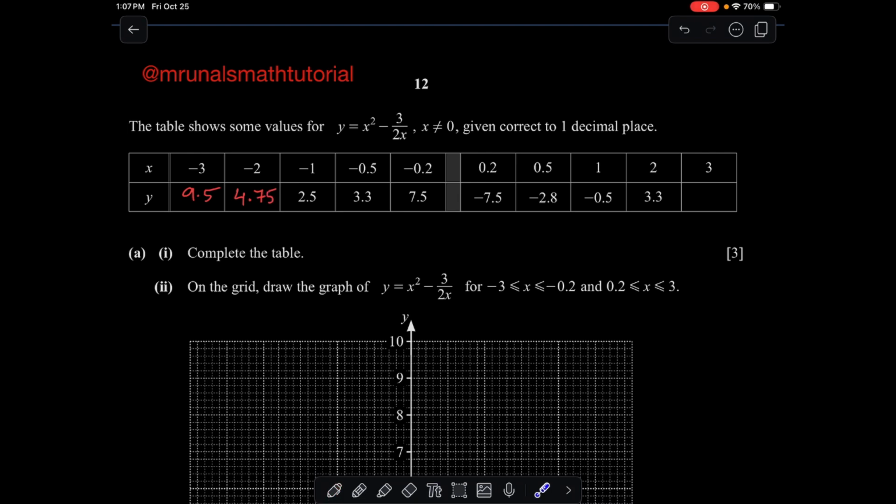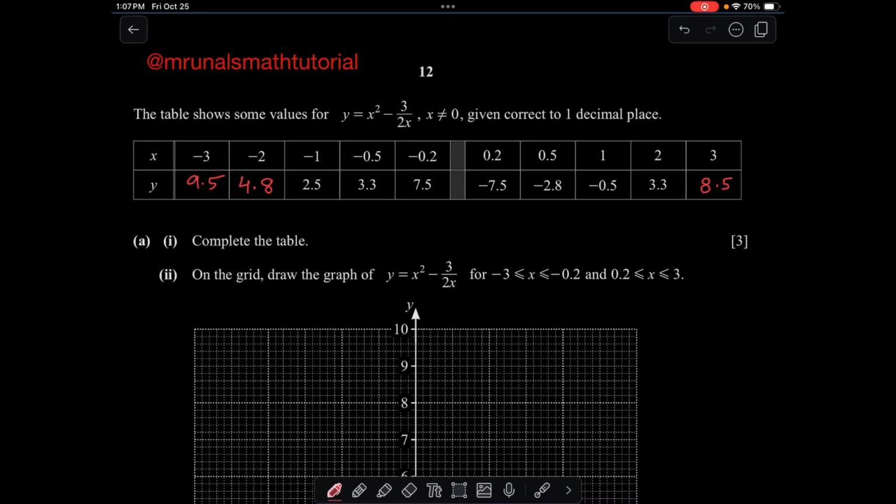Then if I look at the accuracy in the table, it is 1 decimal place, so I'm going to write this as 4.8. You may not get marks if you do not follow the accuracy given in the table. So remember to follow the accuracy given in the table. The last one is when x equal to 3, it is 8.5.